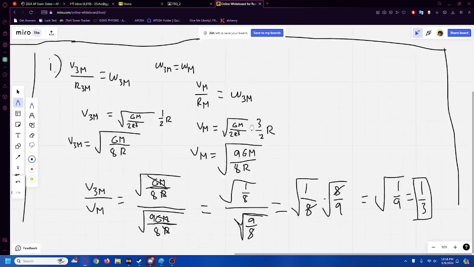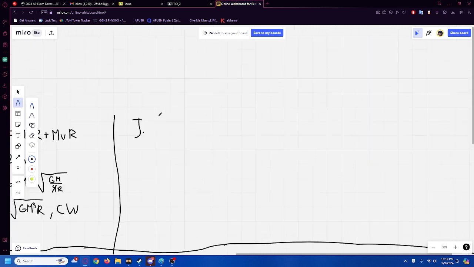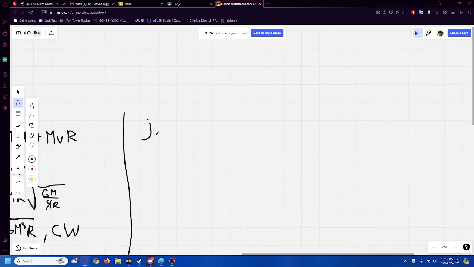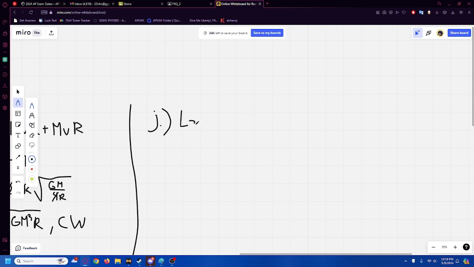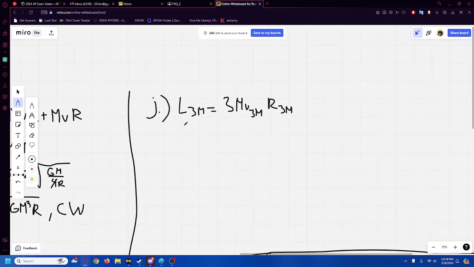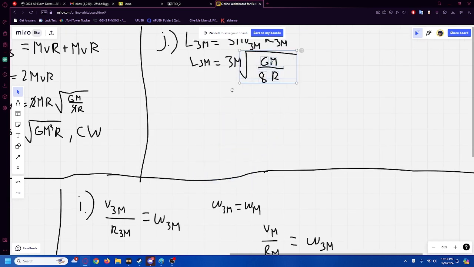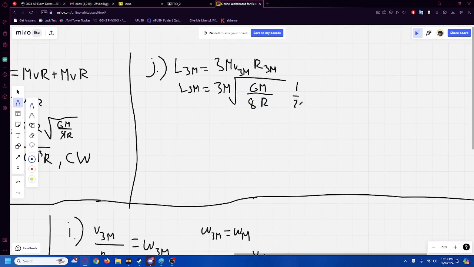Part J asks for angular momentum. L_3m is equal to 3m V_3m R_3m. So L_3m is equal to 3m times V_3m solved over here, and R_3m is 1/2 R. So L_3m is equal to 3 halves.